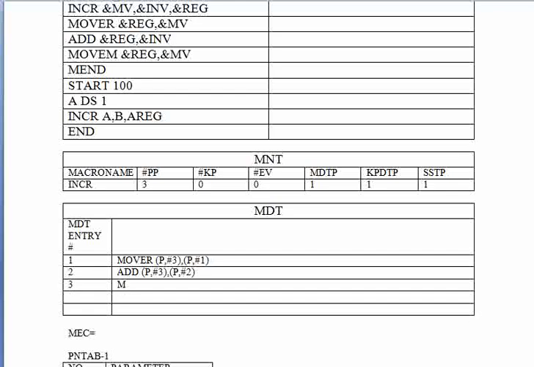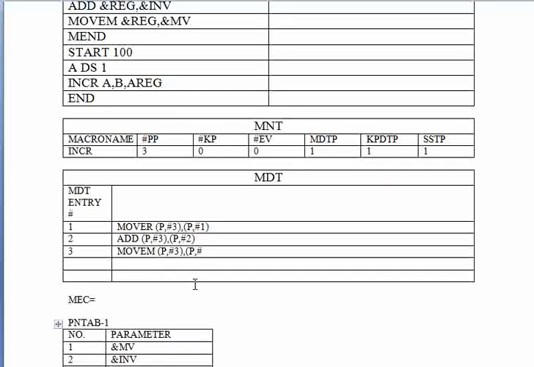Then it increments the pointer by 1, and it goes to the line called MOVE M. It's a model statement, so an entry is made into our table and we write it as P comma #3, comma, and P comma #, and because we are talking about MV and MV is at position 1, we will write this as 1.